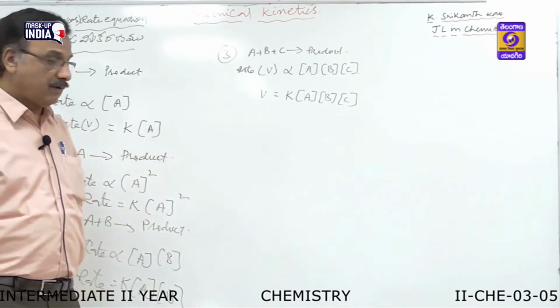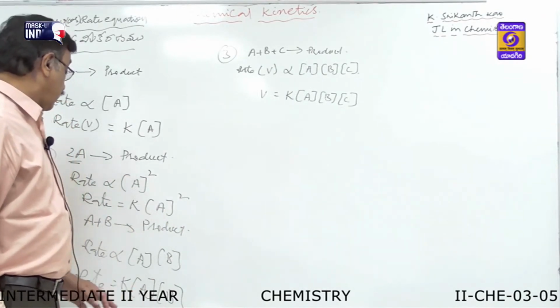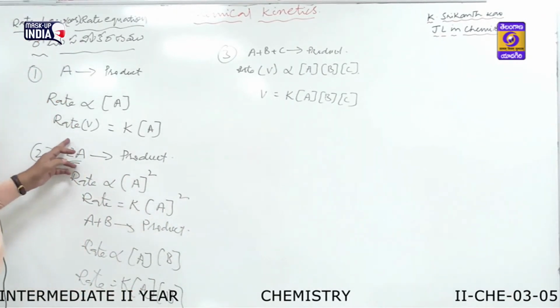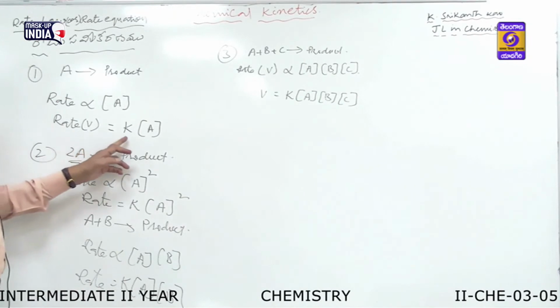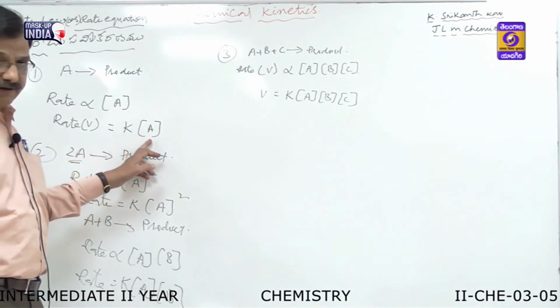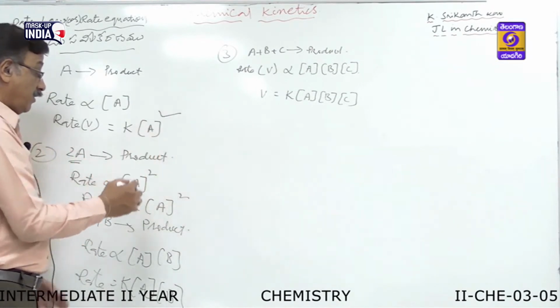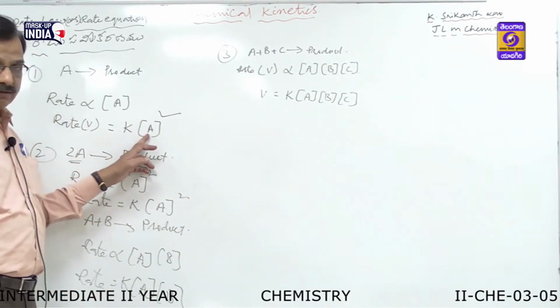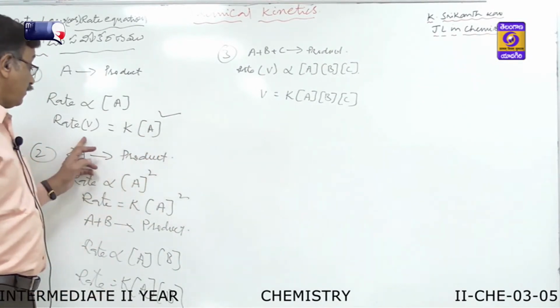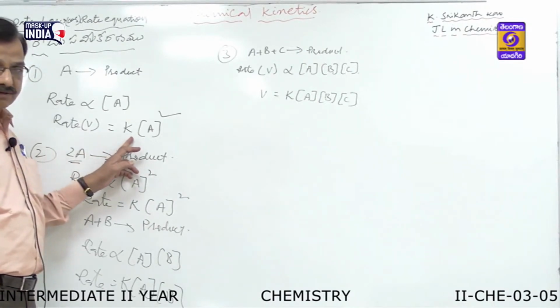Then here we can define the rate constant. Here rate of the reaction V equal to K into concentration of A. In this equation, if concentration of A is unity, then rate of the reaction equal to rate constant.